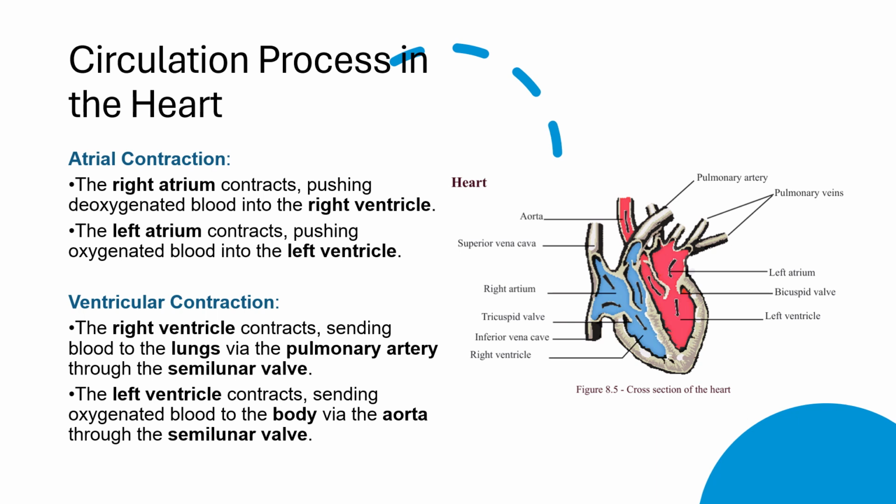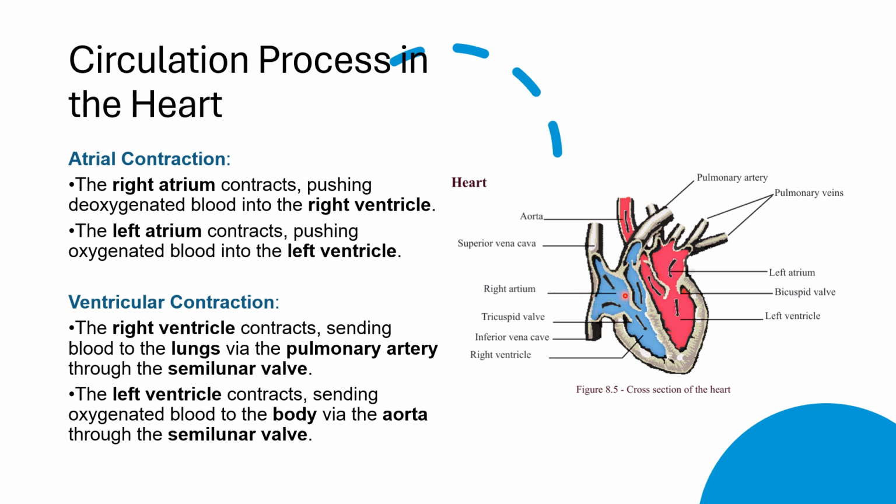Alright, let's dive deeper into the circulation process in the heart. So there's atrial contraction. That means the right atrium and the left atrium of the heart contract to push blood into the ventricles. The right atrium contracts, and this is a muscular organ as we discussed before.